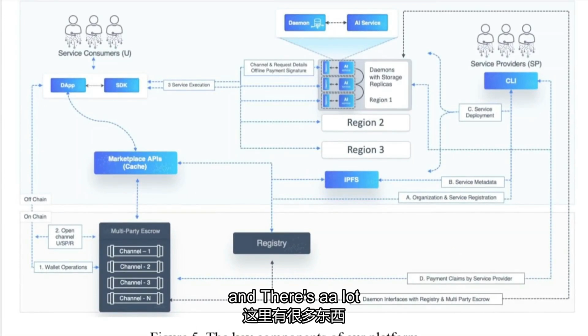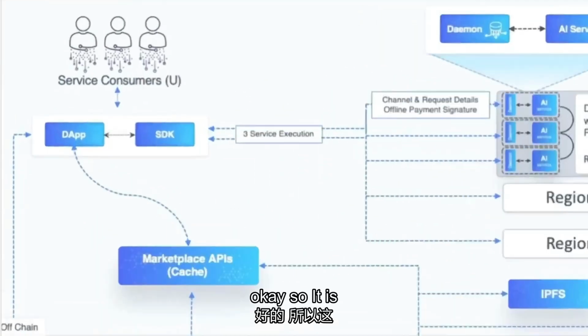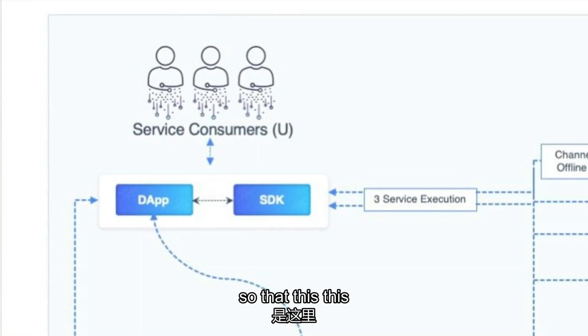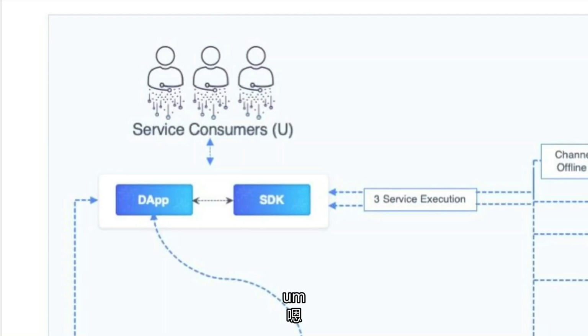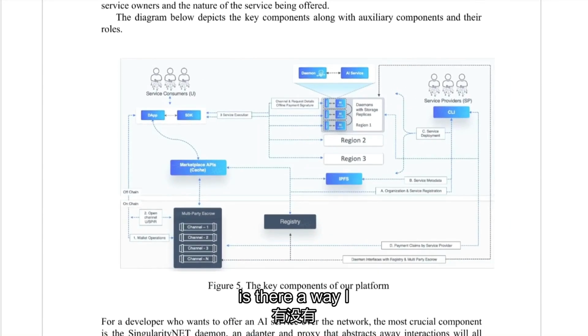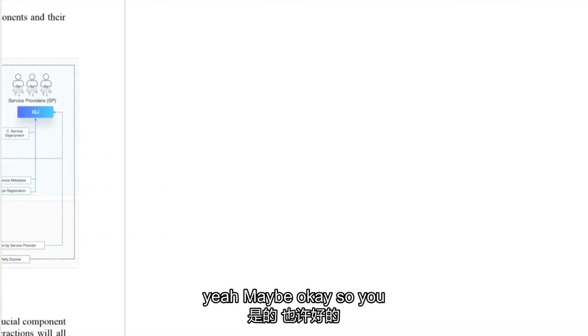There's a lot of stuff here, but we'll go through it one by one. This mixes conceptual and technical aspects. Ultimately, you have consumers, and consumers can be people or robots, and you have a whole network of them.